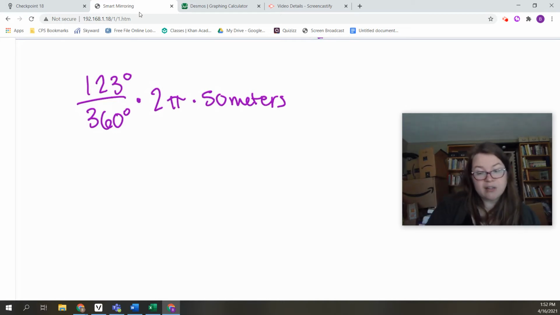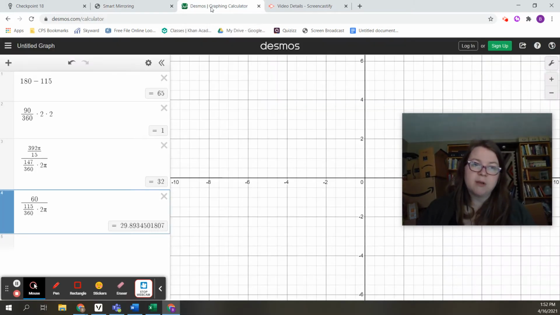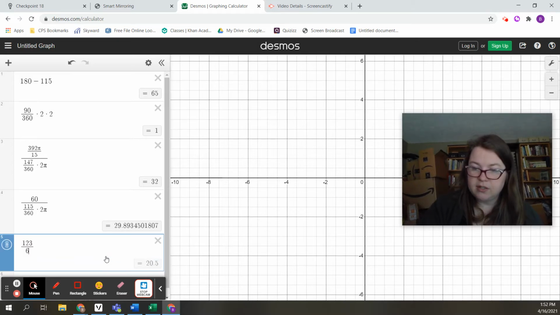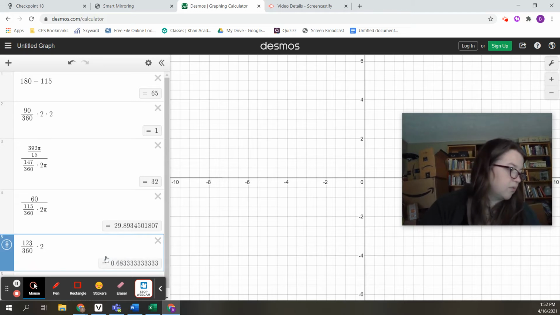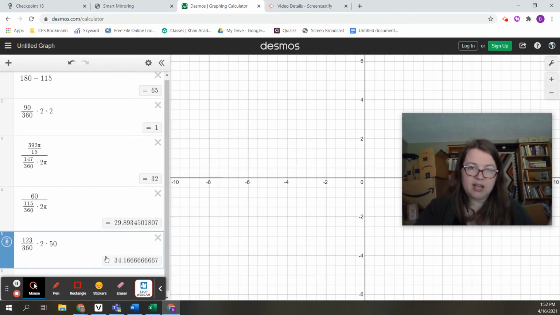So we're just going to calculate this part right here. We don't have to put degrees in there, but we're going to calculate that with a calculator such as Desmos. So we can come here and do this. So 123 over 360 multiplied by 2. I'm going to hold on to pi for a minute, because sometimes the answer has pi in it and sometimes it doesn't.